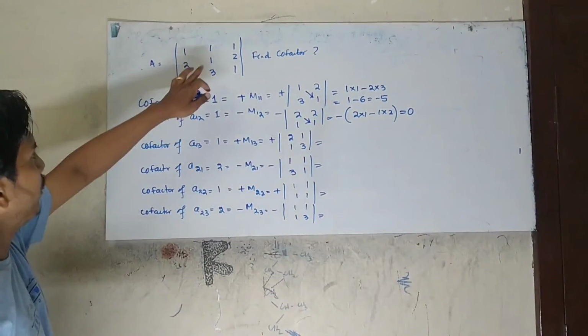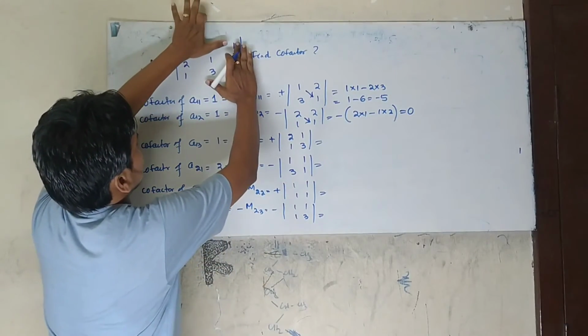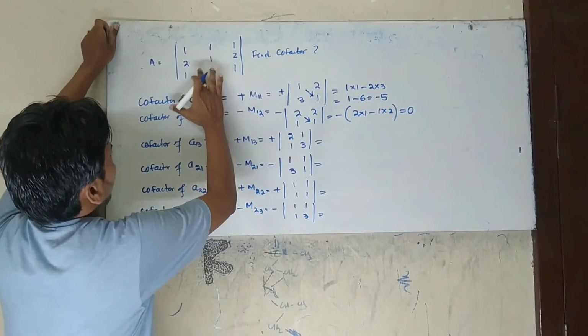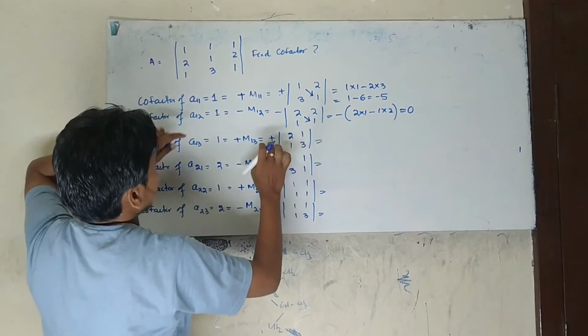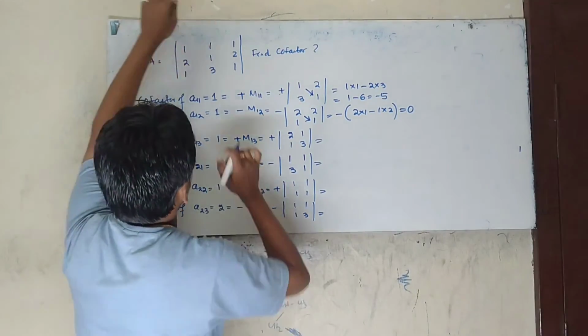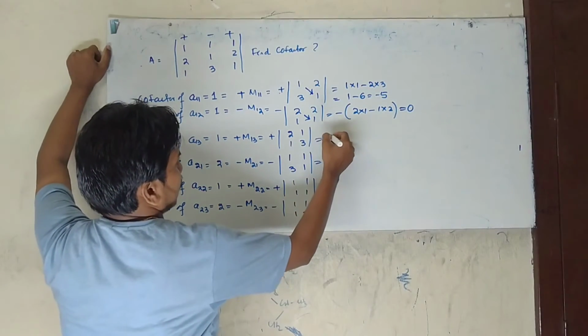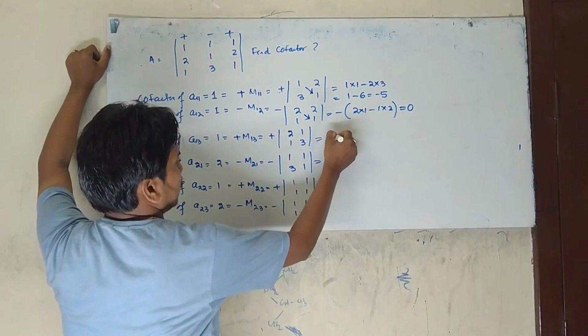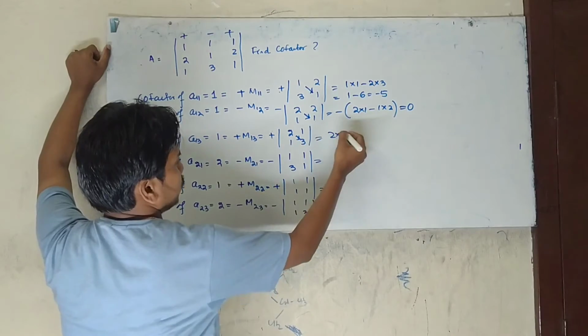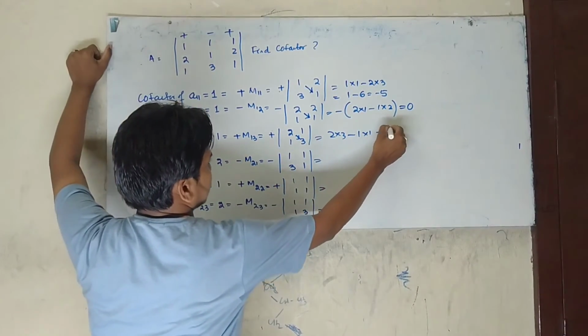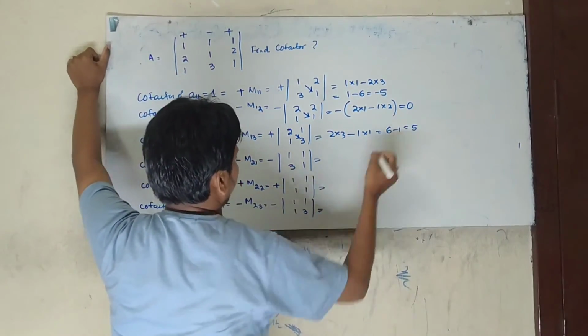Now the cofactor of A13: you delete this row and column, 2 1 1 3, and the sign is plus, as plus minus plus, plus minus plus. So now 2 into 3 minus 1 into 1, 6 minus 1 is equal to 5.